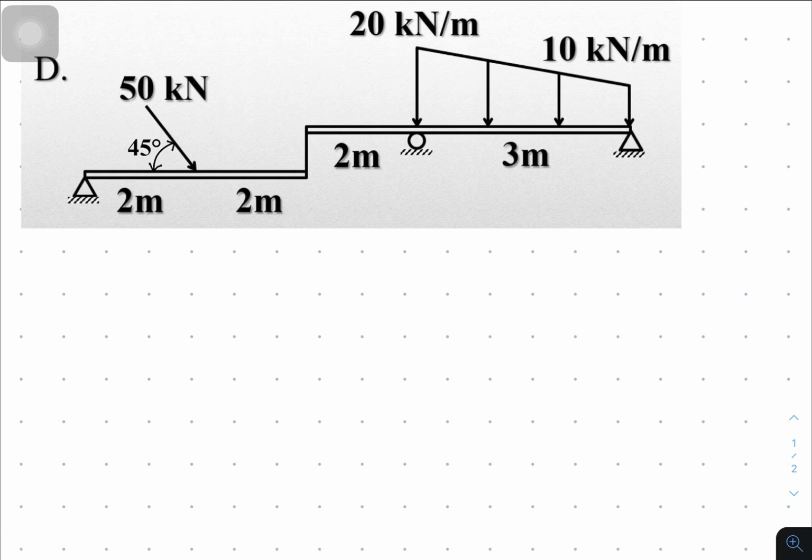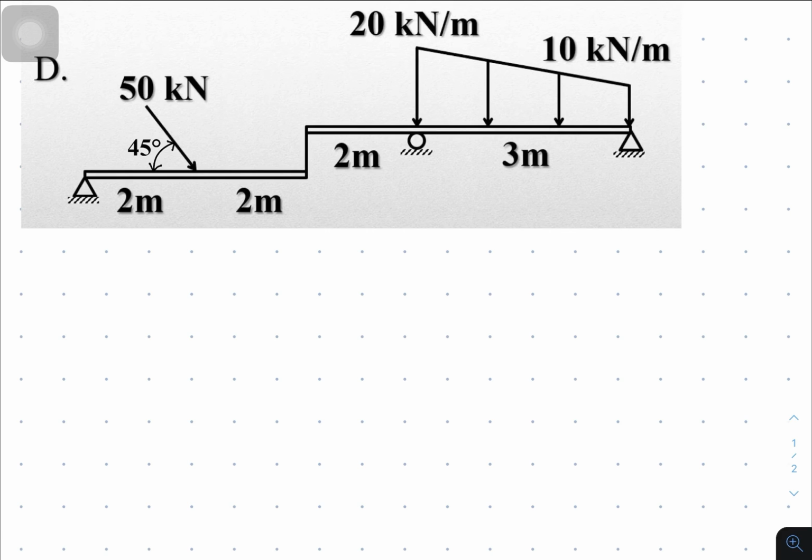Since the link is used to connect another beam, the link is considered internal. I'm being technical in terms of the usage of this link, but actually it's just a connector. You will encounter more other links as you continue with structural analysis for civil engineering.